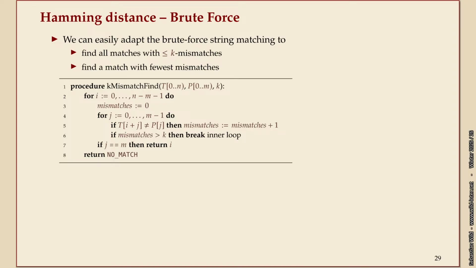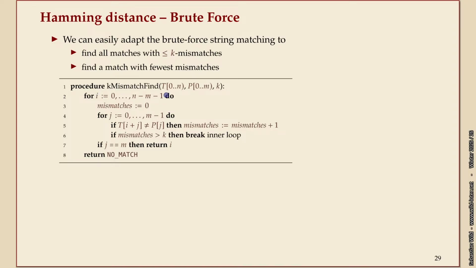If I give a certain position in the text, I can compare character by character with my pattern and see if the number of mismatches I get is below a certain threshold. So for example, if I have a threshold of k mismatches and my text and my pattern, I can do the brute force string matching algorithm that tries every possible position. And instead of checking that all characters match, I'm just counting how many don't and skipping ahead if there's too many.